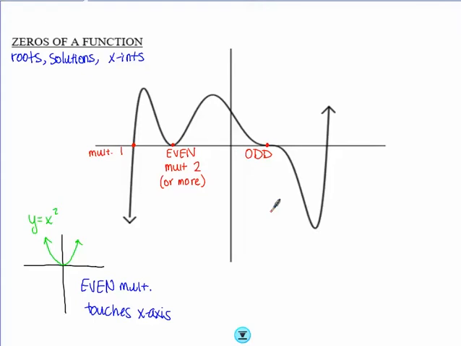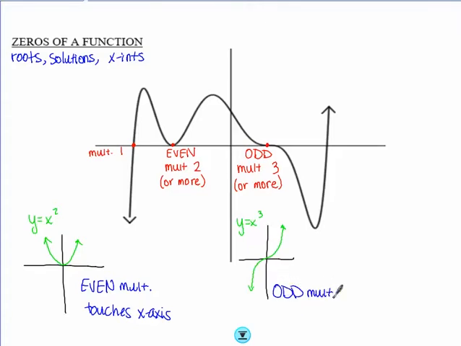And since it kind of curves through, its multiplicity is probably 3, perhaps more. If we think about the graph of y equals x cubed, we know that that graph curves through the x-axis. So one thing to remember is that roots with odd multiplicity cross the x-axis.